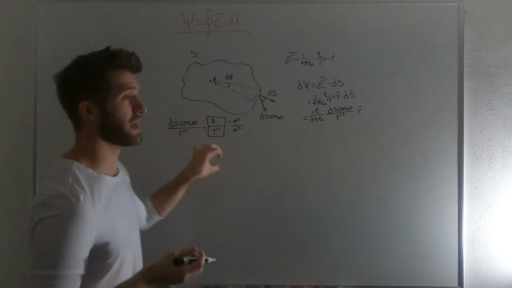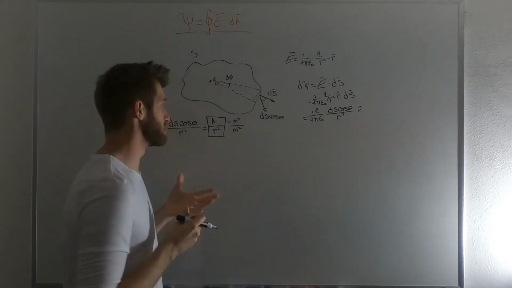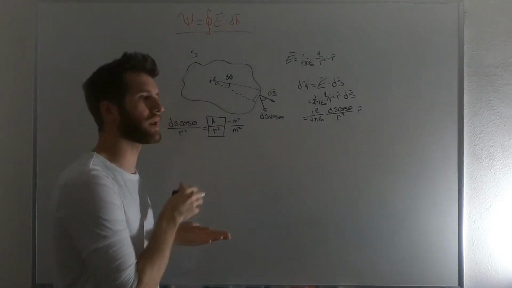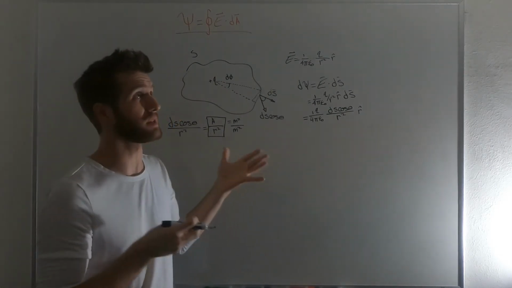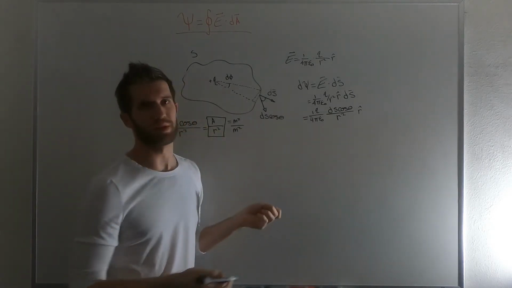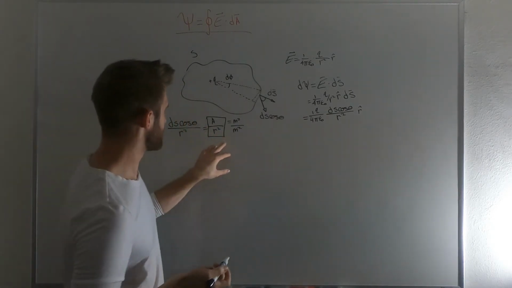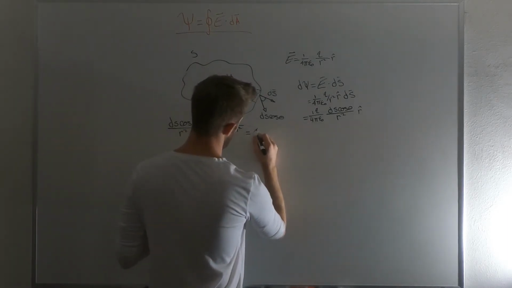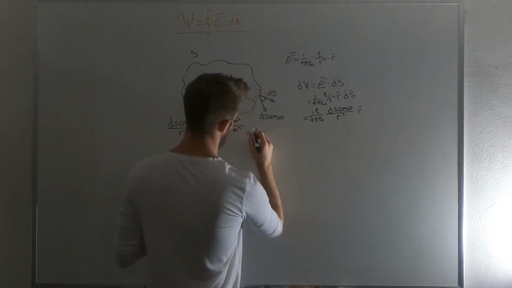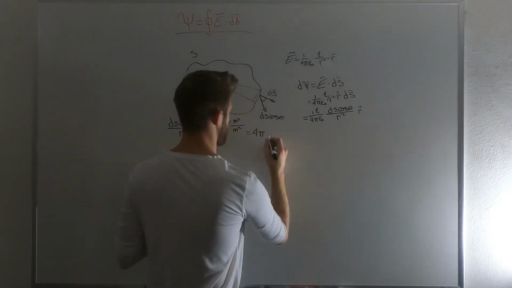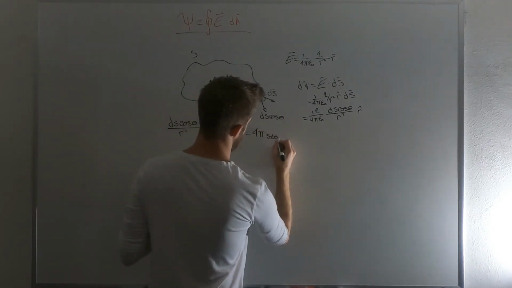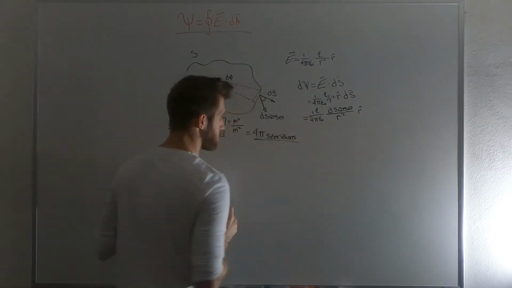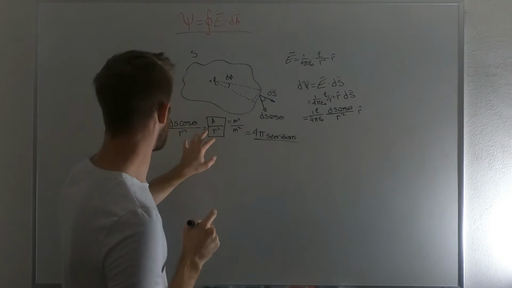And what this inevitably ends up being is the three-dimensional analog of sweeping out an angle that you would generally see on a unit circle, which would be 2 pi. But in this sense, since we're using 3 dimensions, this is 4 pi. Right? So 4 pi steradians.